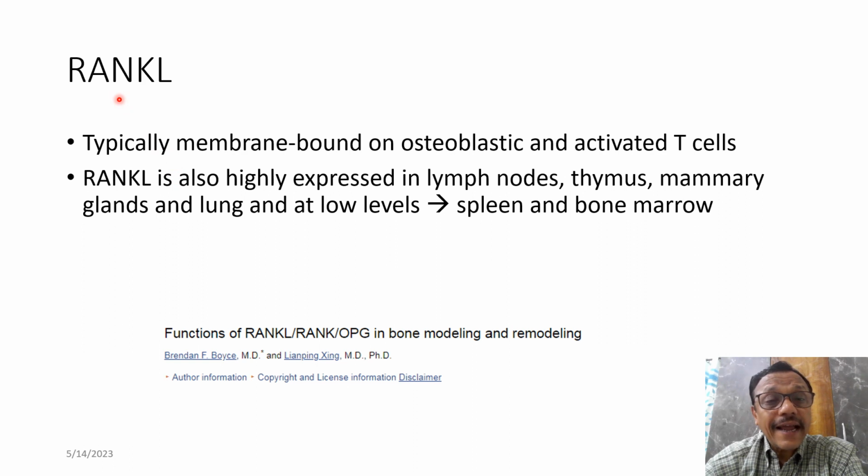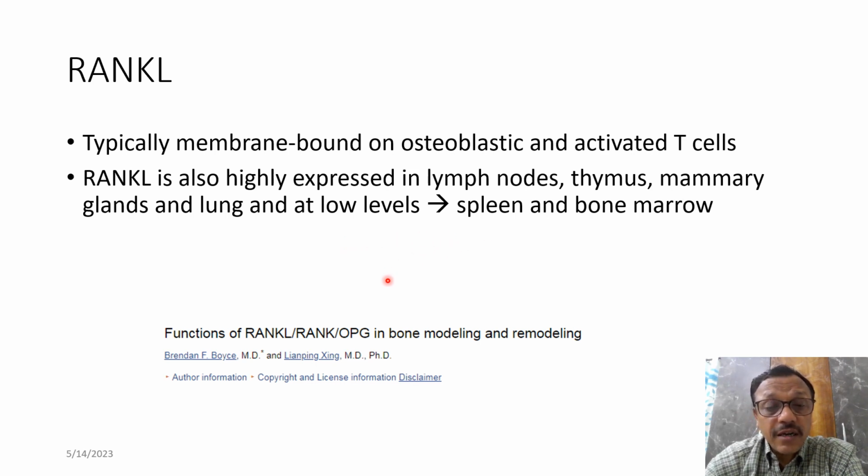Now, these RANK ligands can be found in the osteoblast cell combined with the membrane. It can also be found in activated T cells. Now, these RANK ligands can also be found in lymph node, thymus, mammary glands, and lung. At low level, it can also be found in different other places apart from the spleen and the bone marrow.